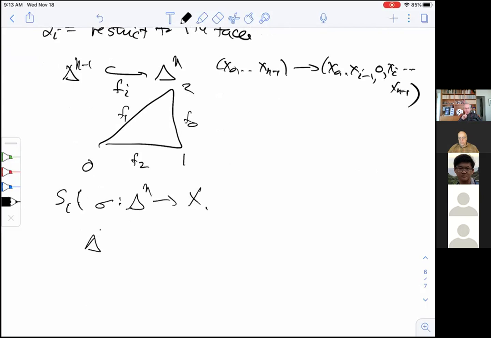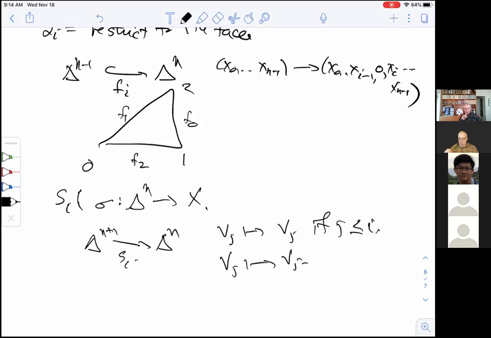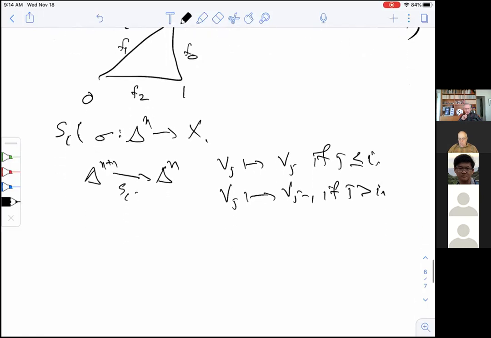It's the composition with a collapsing map of delta n plus 1 to delta n, a simplicial map that repeats vertex i and i plus 1. So s_i sends v_j into v_j if j is less than or equal to i, and sends v_j into v_{j-1} if j is greater than i. That's what it does on the vertices. And then you extend simplicially.